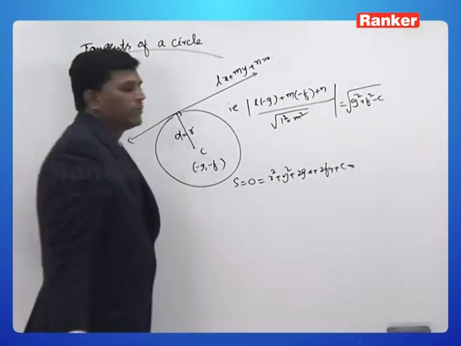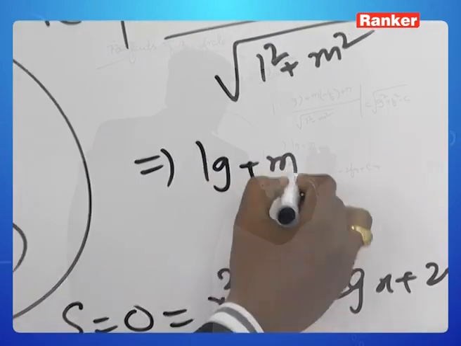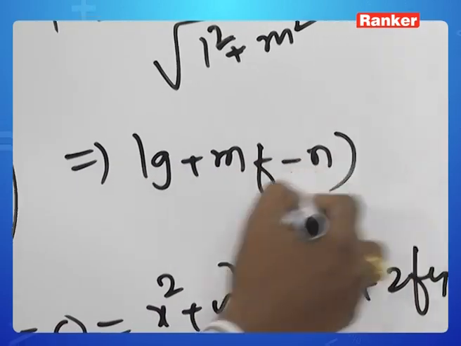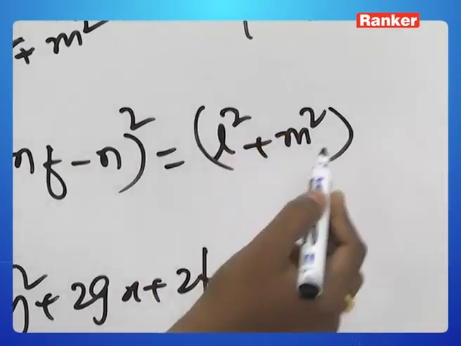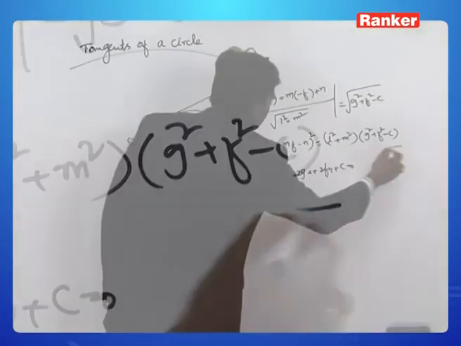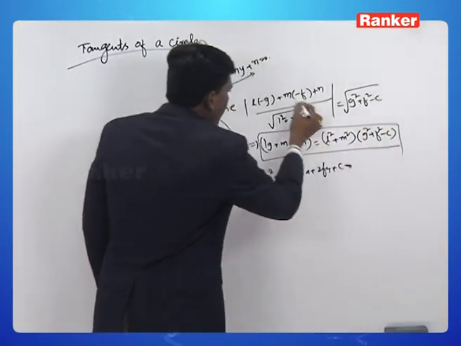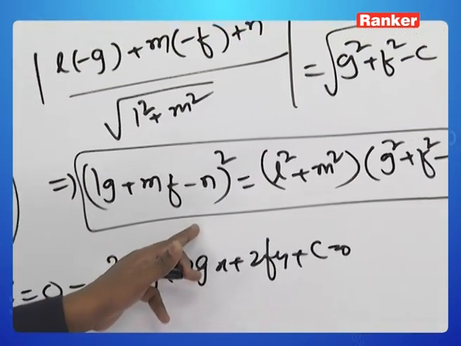We can also write it as (Lg plus mf minus n) whole square equals to (L square plus m square) into (g square plus f square minus c). After taking minus common inside and squaring both sides, we can get this relation.